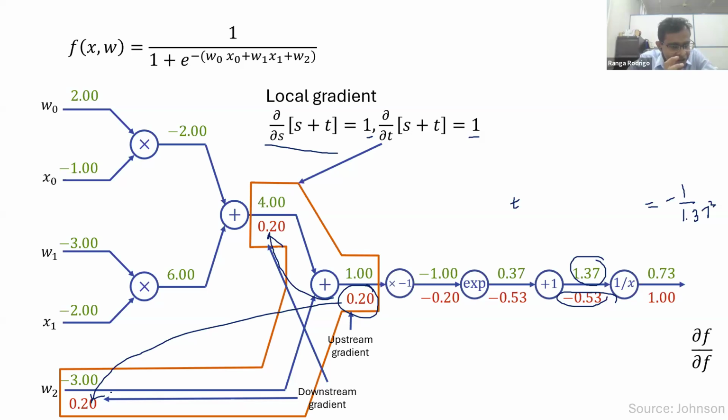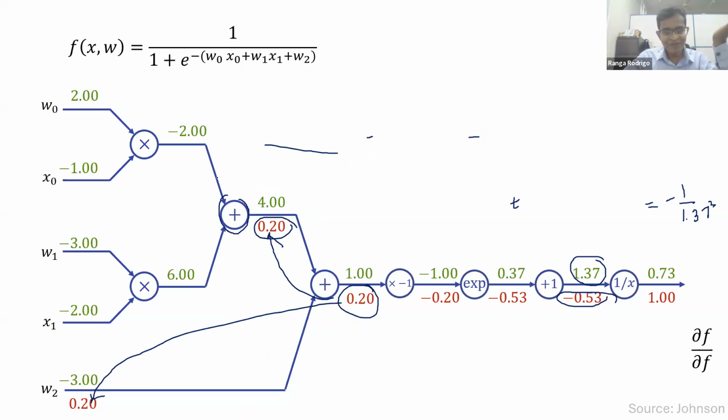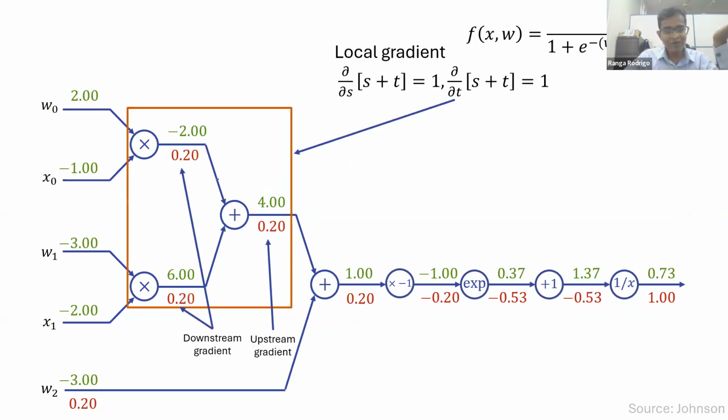So you can see for each of these nodes, you don't have to do computation, but you can come up with rules. So for many nodes, this is possible. Okay. Now for this node, upstream gradient is 0.2. What should be the downstream gradient? You don't have to think about it also. It's a plus node, so you get the same thing, 0.2, 0.2.